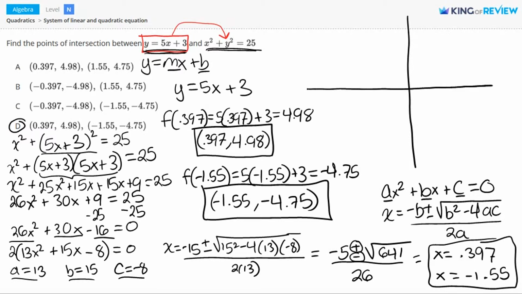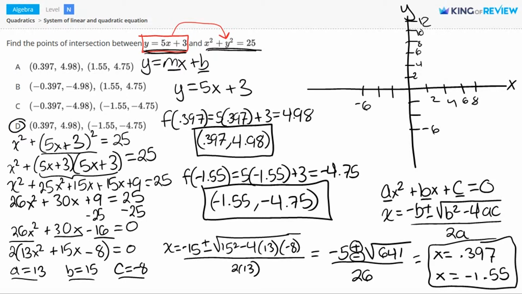We have a coordinate plane here with an x-axis and a y-axis. Okay, so I'm ready to plot this line.